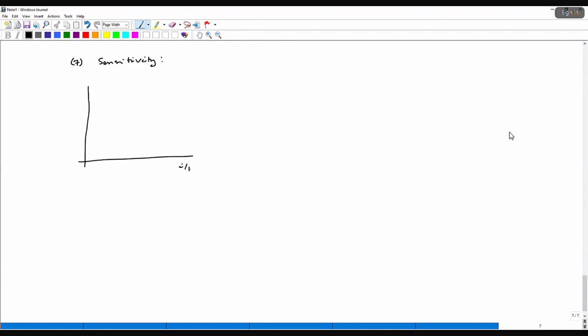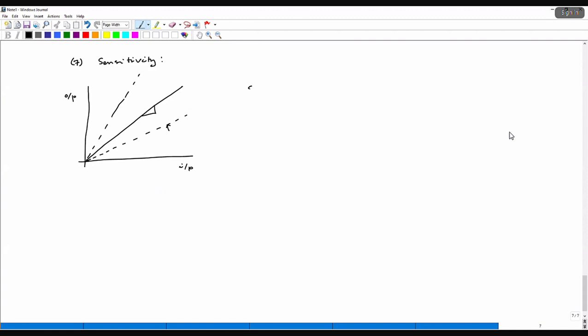So you have input and output, and let's say this is a nominal curve, and if you have a characteristic of something like that, then sensitivity is less, and if you have the characteristic of something like that, the sensitivity is higher, right? So it is basically the slope of this curve.